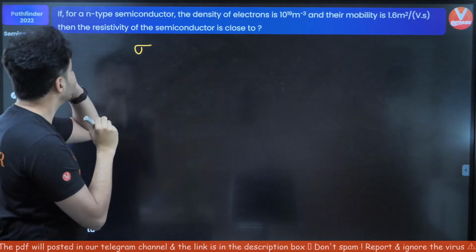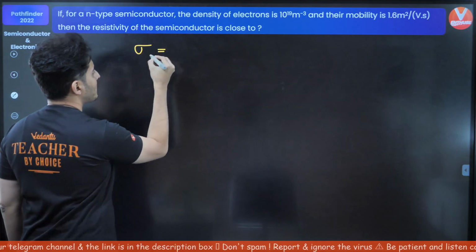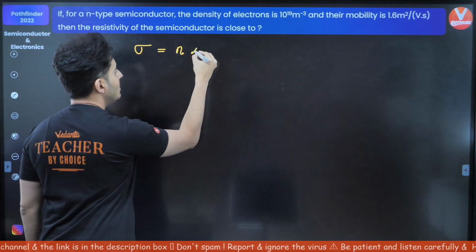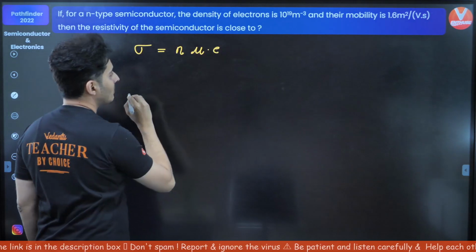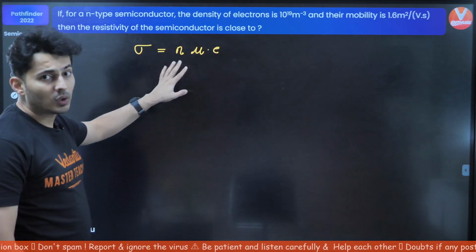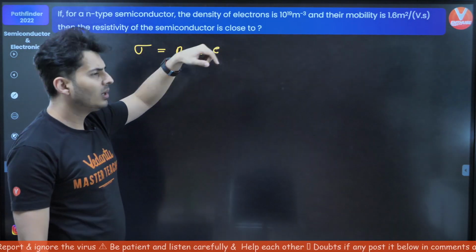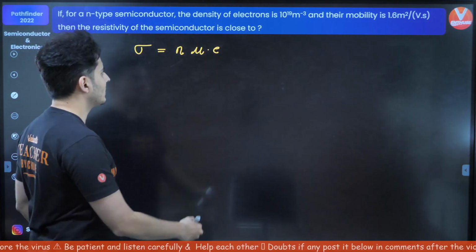nothing but, think about it, n, mu and e. But due to both of them, electrons and holes. Now I can see only electron concentration is mentioned. What about holes? Okay, let's think about it.